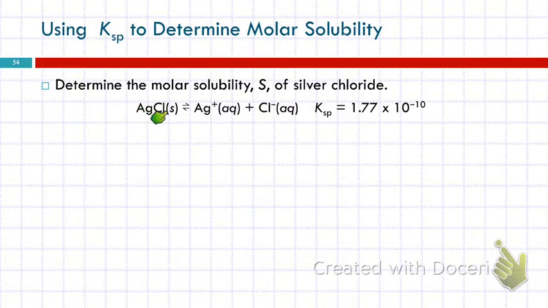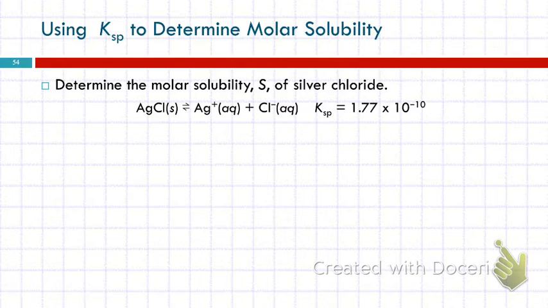So we kind of have to think through this, because you can't just say, what's the concentration of silver chloride, because that's a solid. We're looking at how much dissolves. Well, if 1 mole of silver chloride dissolves, how many moles of silver ion do I get? 1. And how many moles of chloride ion do I get? 1. So if the molar solubility was 1 mole per liter, then the concentrations of each of these would be equal to the molar solubility.